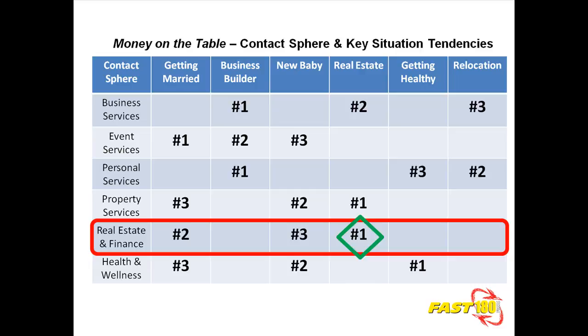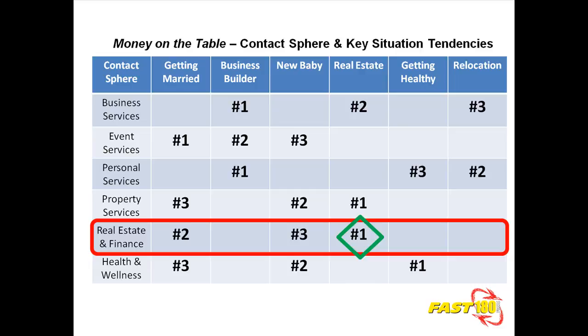Your business may vary in terms of which key situations are the best match for you and inbound referrals, but for now we're looking at generating an abundance of referrals for our power team, and then in return they'll generate referrals for us.